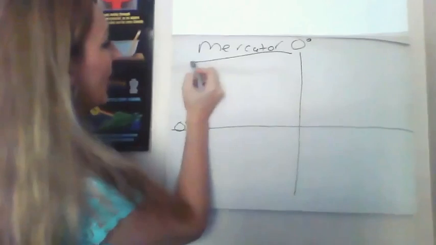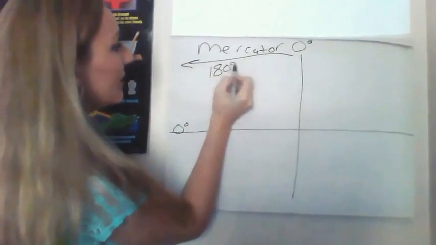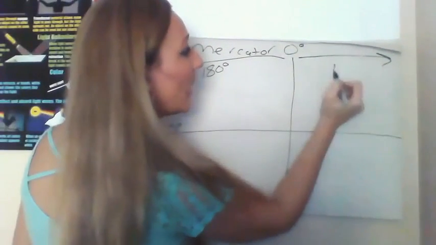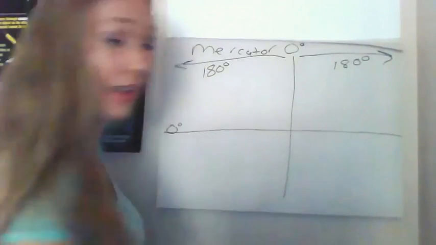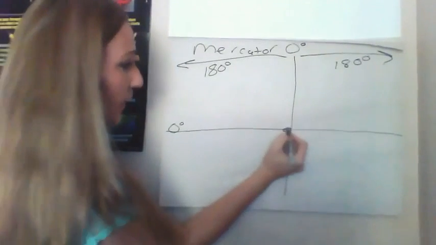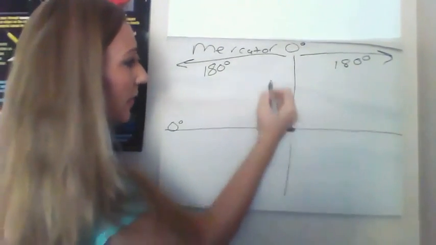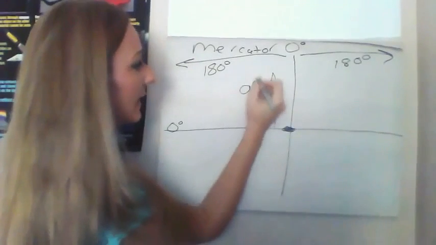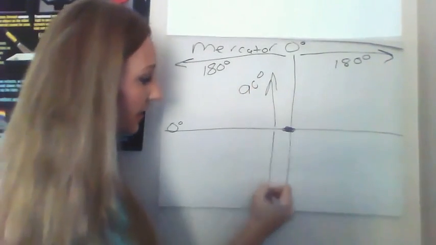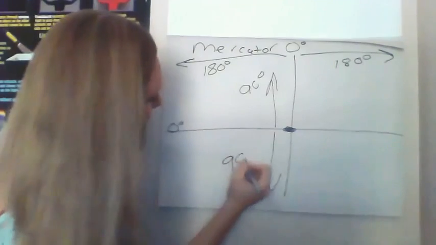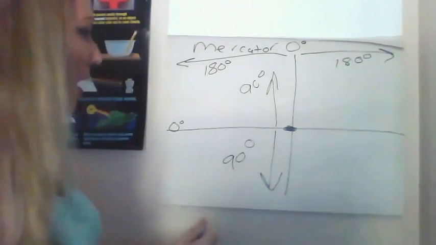It goes this way, 180 degrees. It goes this way, 180 degrees. From the equator up, it goes 90 degrees. From the equator down, it goes 90 degrees.